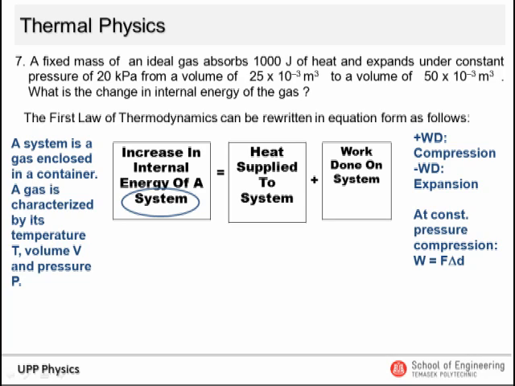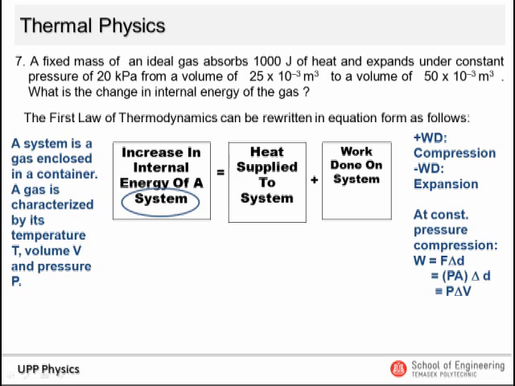Now force, written in terms of pressure, will be pressure times the area times the displacement. Now if we lump area and displacement together, we'll have a change in volume, because area times length gives us volume. So we can calculate the work done on the system by using the pressure and the change in volume multiplied together.